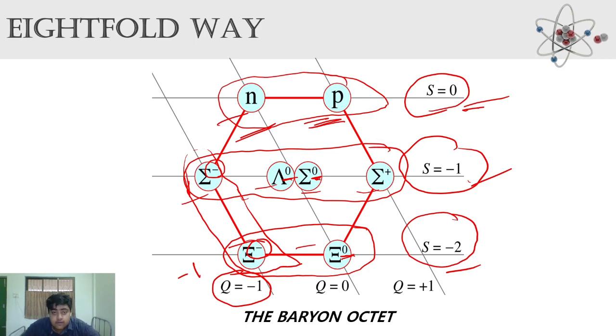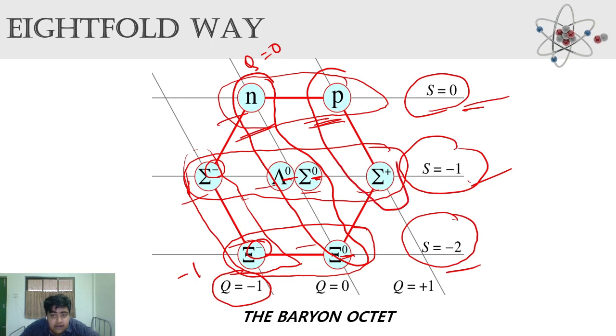So these four particles, I hope you are understanding, have the charge of 0. And these two particles again have a charge of +1.